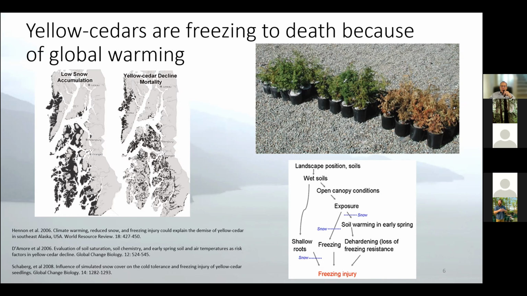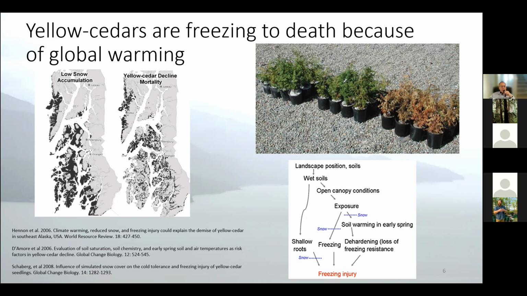Instead of snow, these ones have vermiculite on top of the soil surface, whereas these plants do not. You can see the plants without vermiculite die, whereas those that are covered with vermiculite do not die. There's a good agreement between low snow accumulation and yellow cedar decline, particularly in Alaska, where it has been studied well.